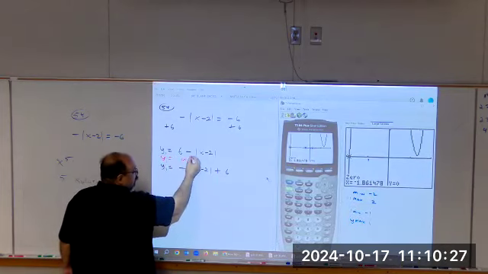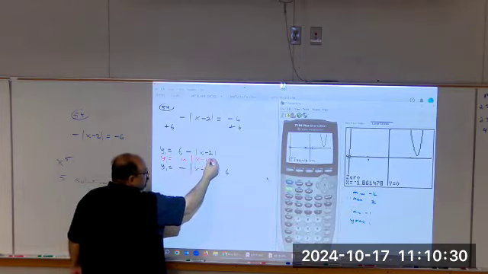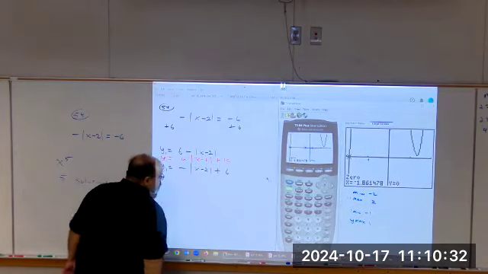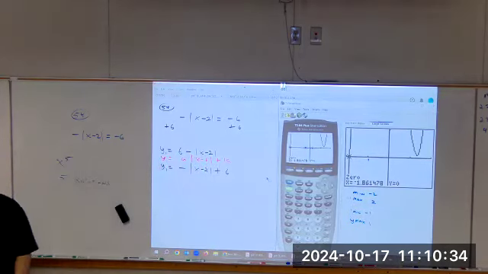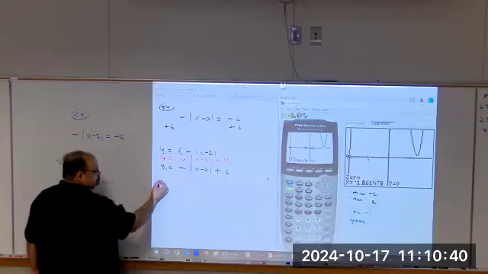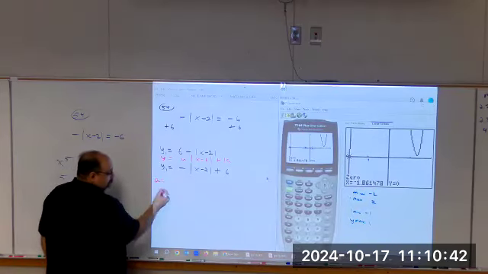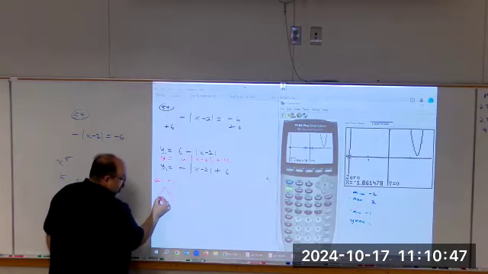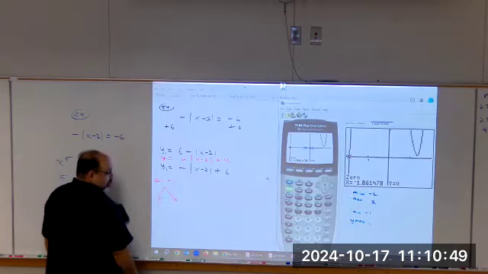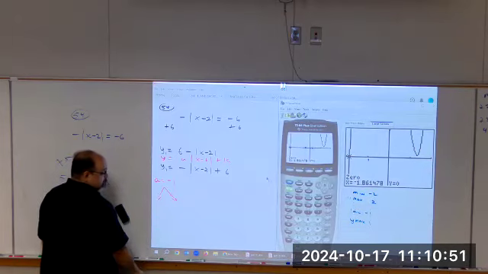Y equals a times the absolute value of x minus h, plus k. Exactly what we just got done doing. What's the a? Negative 1. So that means it's going to be flipped, upside down instead of right side up, and it's a V shape.